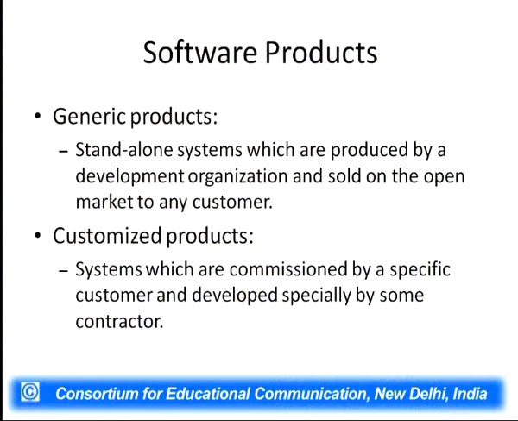Certain software products are known as generic products. These are standalone systems which are produced by development organizations and sold on the open market to any customer. This is one specific product available in that area, which has a sort of monopoly, becomes so popular that anybody who needs that kind of functionality will have to buy that software.